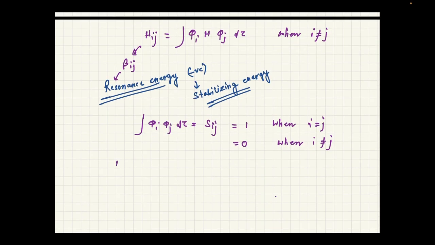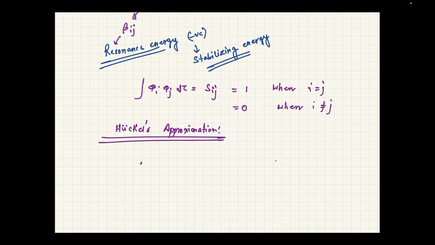So the Huckel approximation is, let's say these are 1, 2, 3, 4, 5, the atomic orbitals.